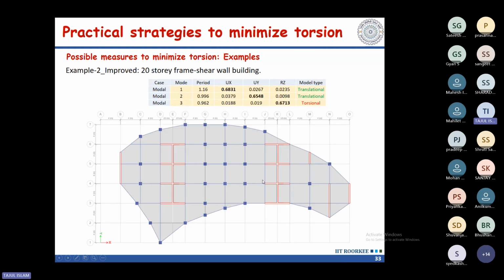Now, this is the improved version of the structure. I have introduced some shear walls, and here we have an opening. Below this wall, I have an opening of 2 meter by 2 meter to provide a passage here also and here also. So this is the improved version, and this is the final modal response we have obtained.